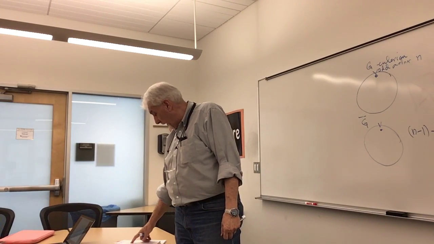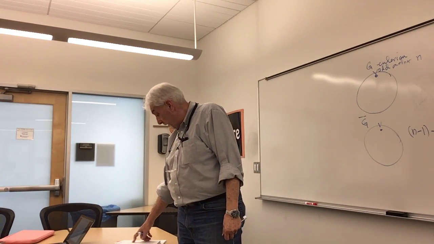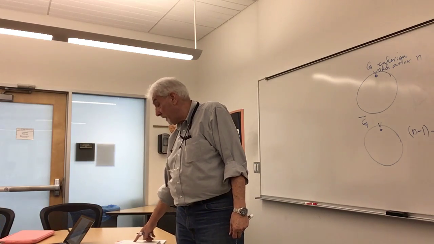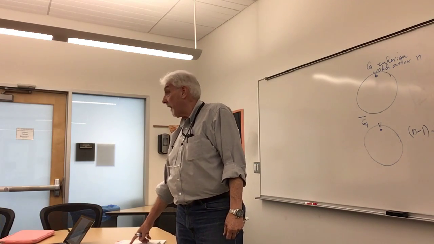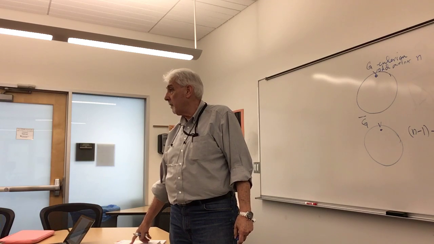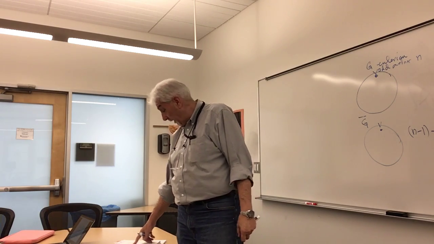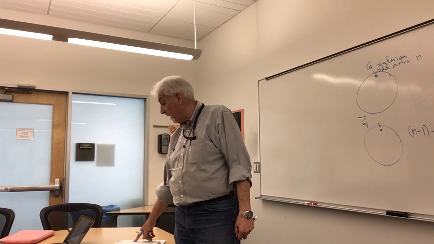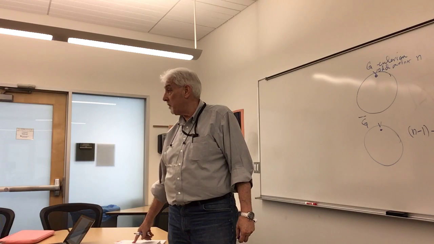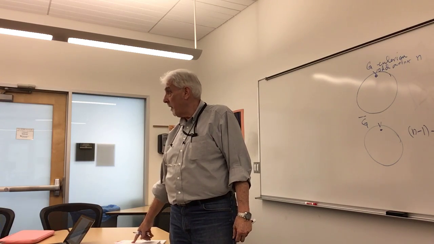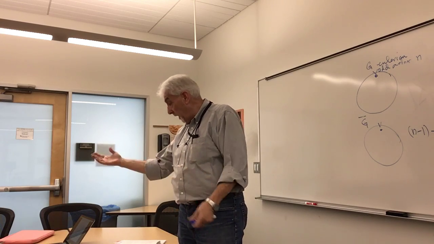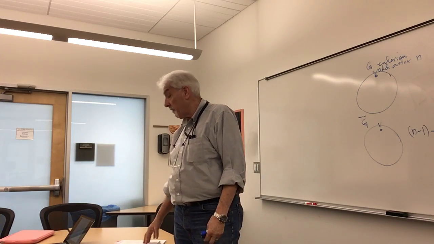By the way, how do I know that G is connected? Because it's Eulerian. That's part of the condition. So I know that G is connected. We're told that G complement is connected, so G complement is also Eulerian. Again, this is just a sum of the degree in G plus the degree in G complement.